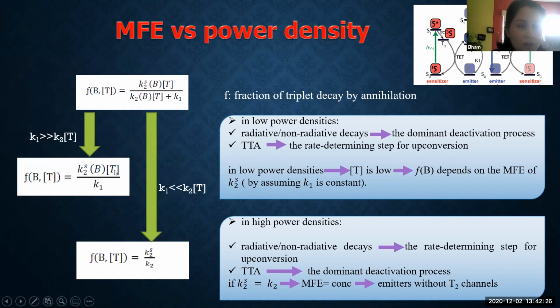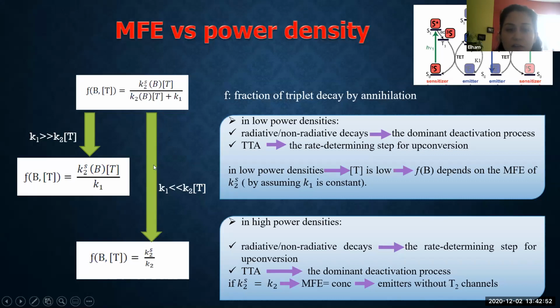We can ignore K2 times the concentration of T. And here you see that the magnetic field dependence is in K2S, which is this part. Okay, if we imagine that K1 is constant during our experiment.